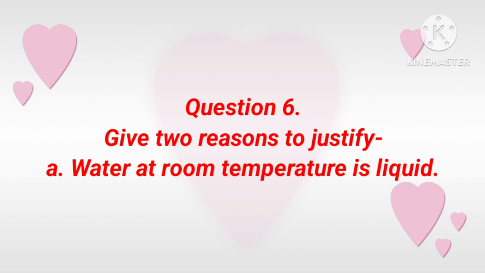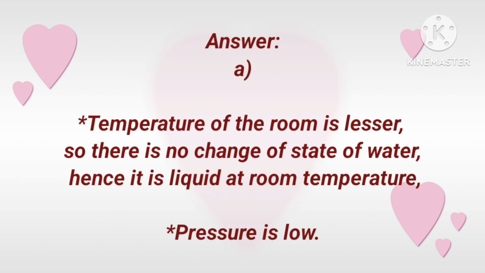Question number 6. Give 2 reasons to justify water at room temperature is liquid. You know that water is liquid at 25 degrees. Justify why at room temperature. Room temperature means the temperature present in your room, or lab temperature means the temperature present in the lab.